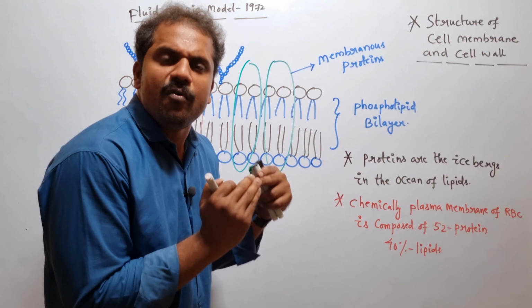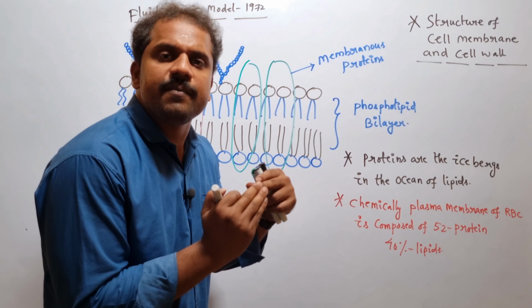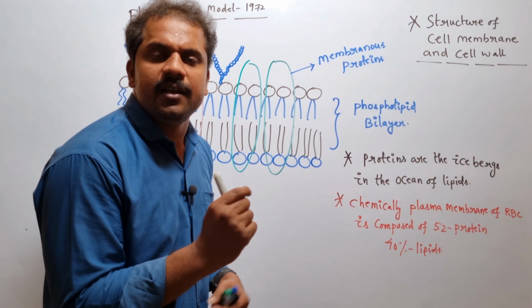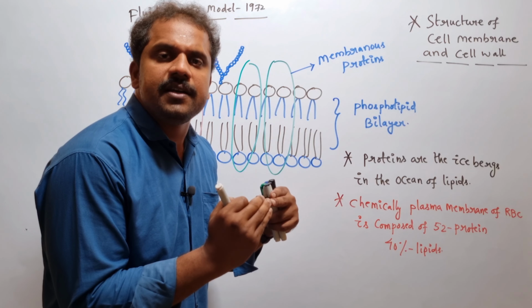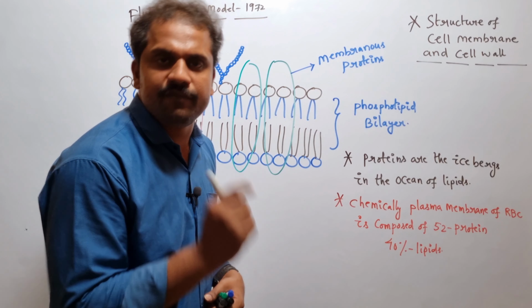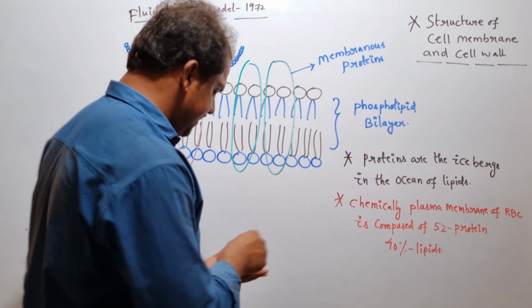In the same way, when the carbohydrate moiety remains in association with lipid, it leads to the formation of what? Glycolipid. So most commonly glycolipids are present on the outer surface of the plasma membrane, especially in case of eukaryotes. So let me write it here.